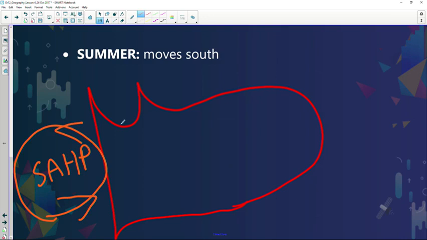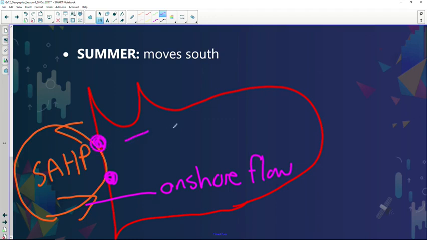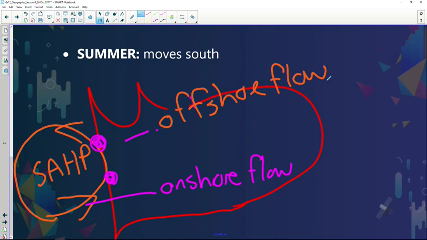Now, because of the anti-clockwise circulation, this area over here is going to experience onshore flow. And this area over there is going to experience offshore flow.